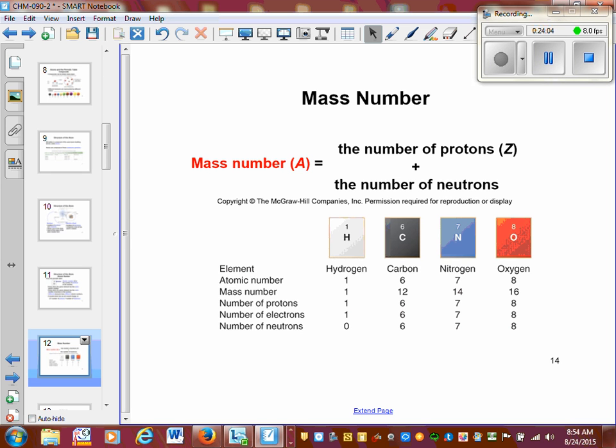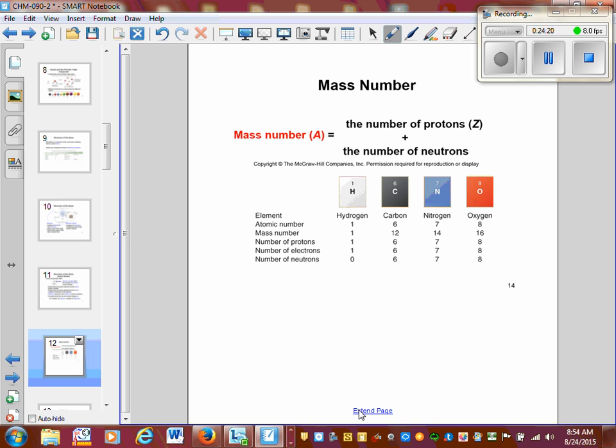How many neutrons? Well, the mass number, A, is equal to the protons, Z, plus the neutrons.